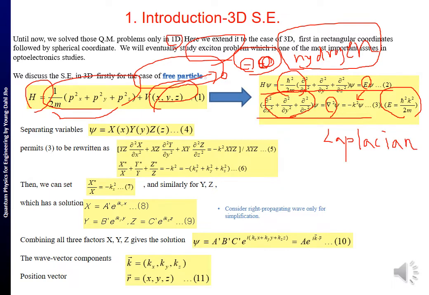Okay, when we solve this, we set the wave function psi to be X, which is a pure function of x, Y, which is a pure function of y, and Z, which is a pure function of z. So they are only described by a certain independent variable x, y, or z. We put it into here. Okay, then we got this.